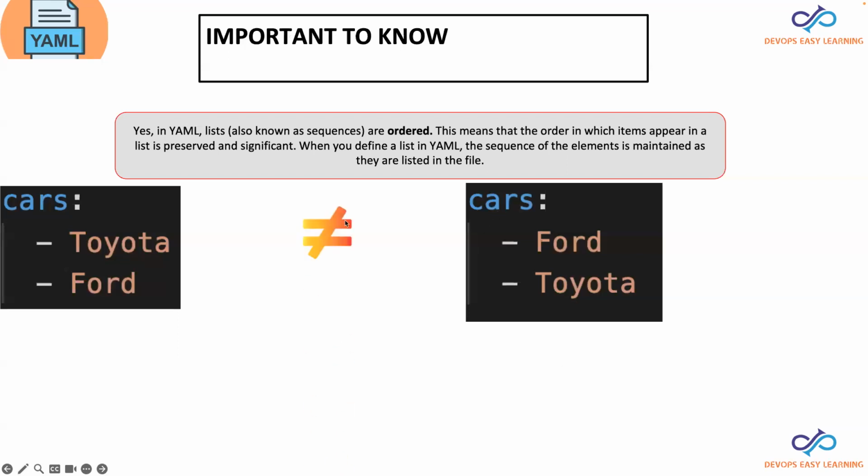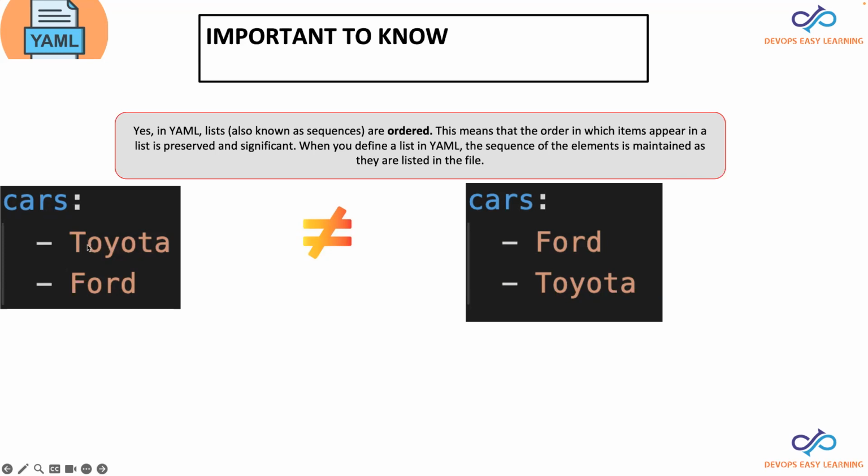In the list, they are not the same, because the position of Toyota and Ford here is not the same as the position of Toyota and Ford here. So therefore, they are not the same, because in YAML, the list is ordered. So in YAML, you need to follow the order. If you change the order, the list doesn't mean the same thing anymore.